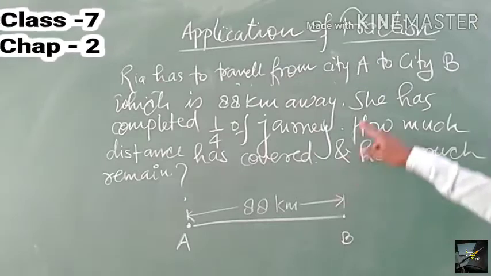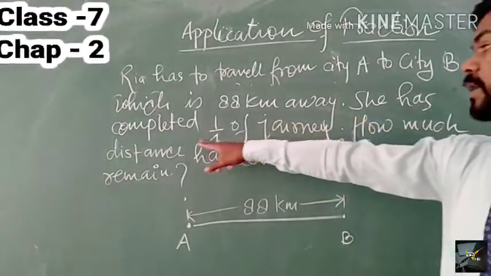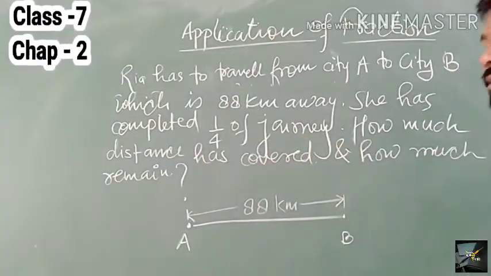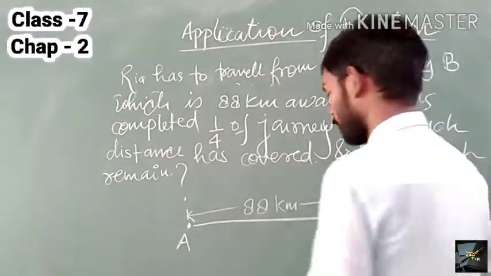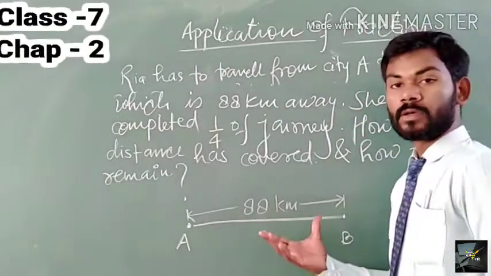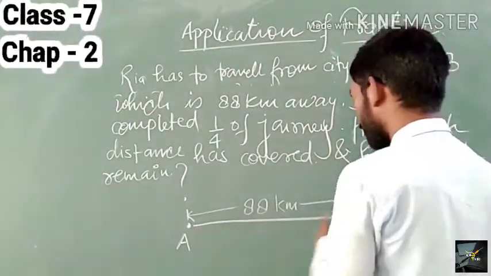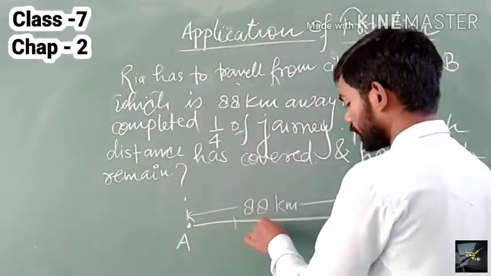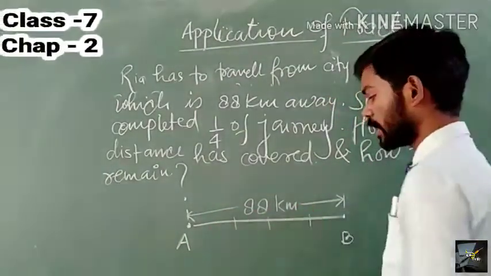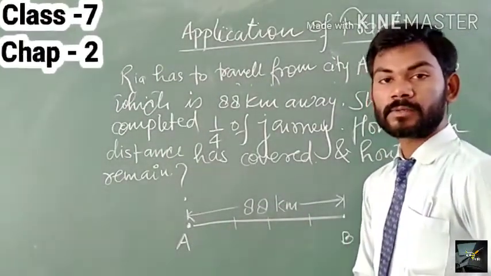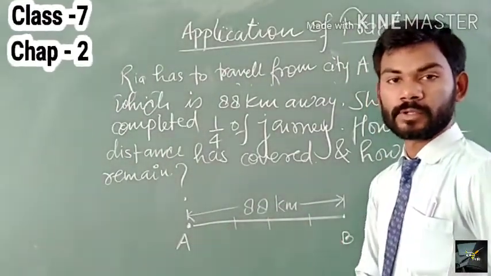She has completed 1/4 of the journey. 1/4 means if we divide the total distance into 4 equal parts, then each part will represent 1/4.